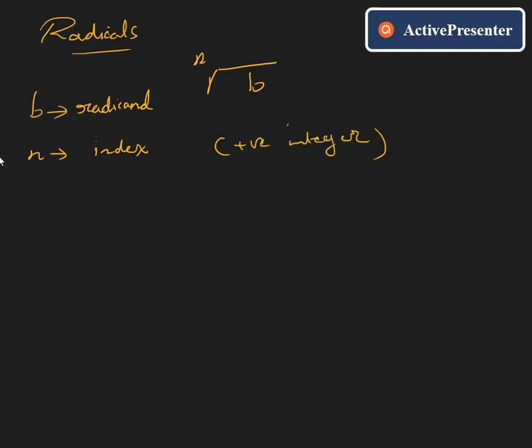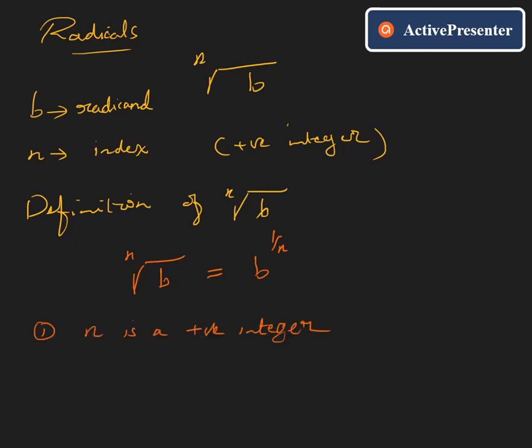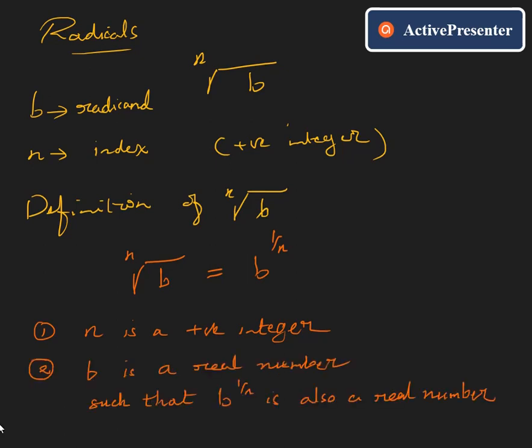Okay, what is the definition of the nth root of b? The definition of the nth root of b says that the nth root of b is equal to what? It's equal to b to the power 1 over n, provided that n is a positive integer and b is a real number, such that b to the power 1 over n is also a real number.